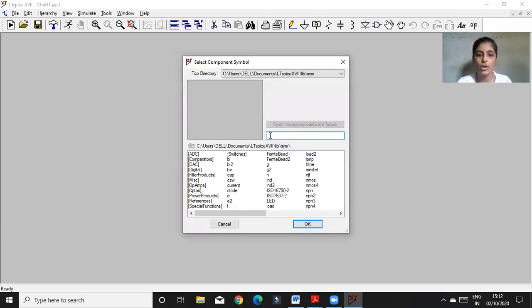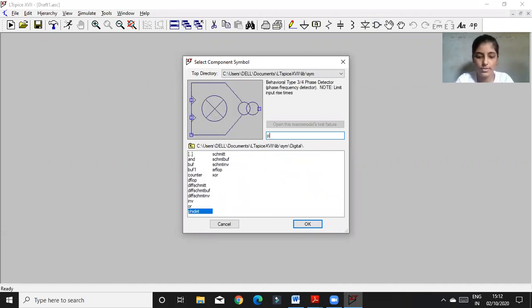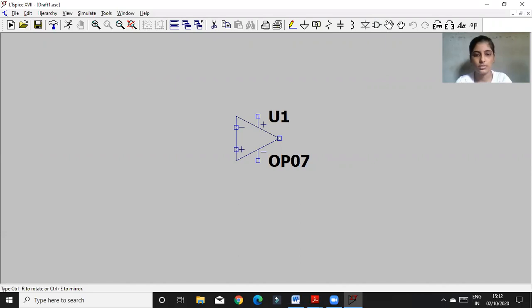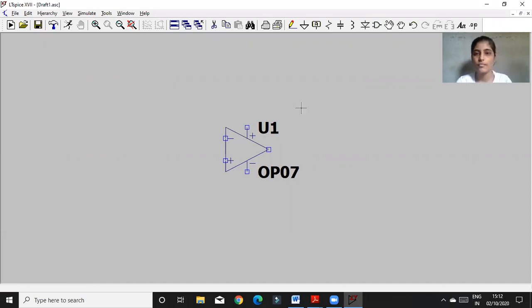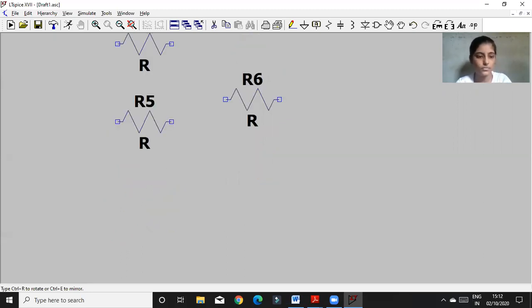To select any of the components, I select OP07, place it over here, and I select some resistors, which are placed over here: RF, R4, and R1, R2 and R3 resistors. So I placed all the resistors.